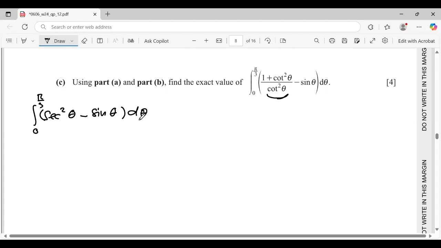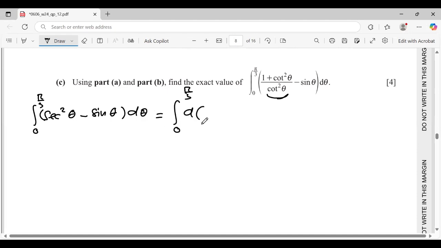So it means I'm going to find this integrand, and after that I will find the integral of this integrand.